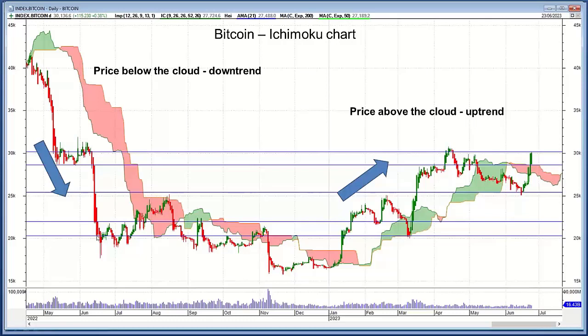Notice how the weekly corresponded to the bottom, which is the strongest span support for the cloud. We bounced above again. The momentum weakened, got closer to the cloud. Same story. So that's an expanded view of Bitcoin to show you that it can be used to trade that as well.